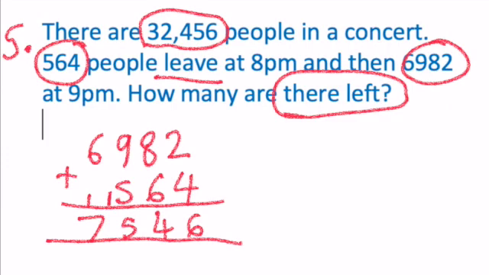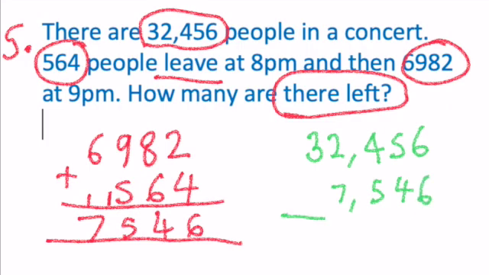How many people were there at the start of the concert? Well, there were 32,456 people. So these are going to leave. So when you leave, that's a subtraction. 7,546. Okay. 6 take away 6 is 0. 5 take away 4 is 1.